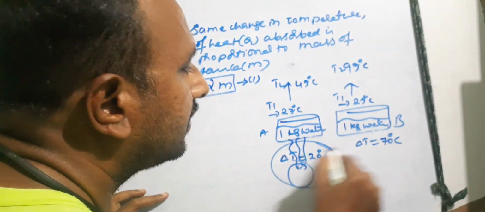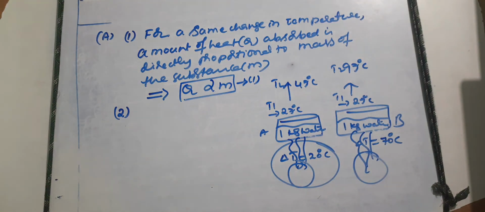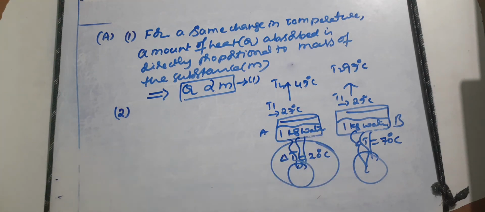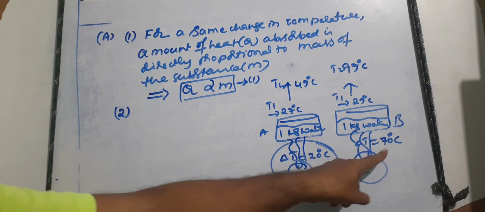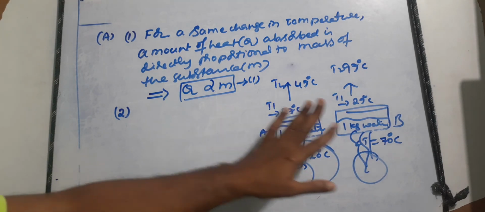Now we begin heating both at a time with the same heating devices. In vessel A, we raise the temperature from 27 to 47, and in vessel B from 27 to 97 degrees Celsius. So the higher change in temperature is 70, and the lower is 20.